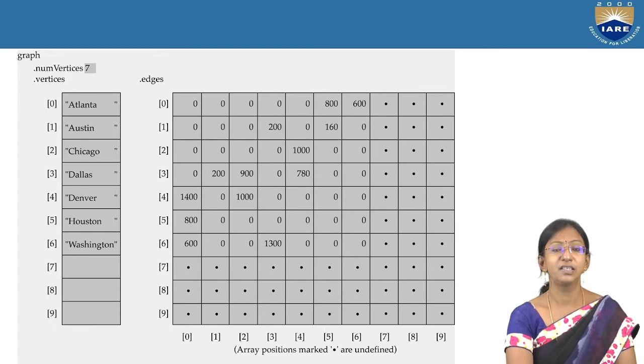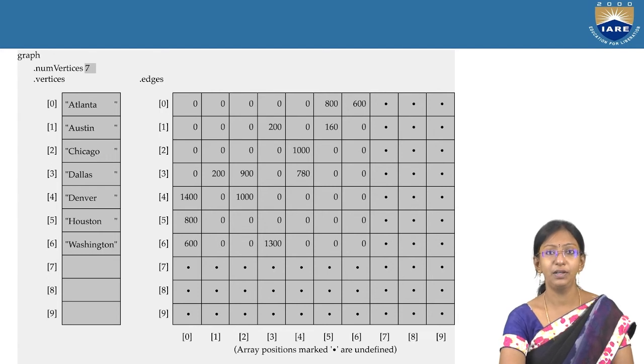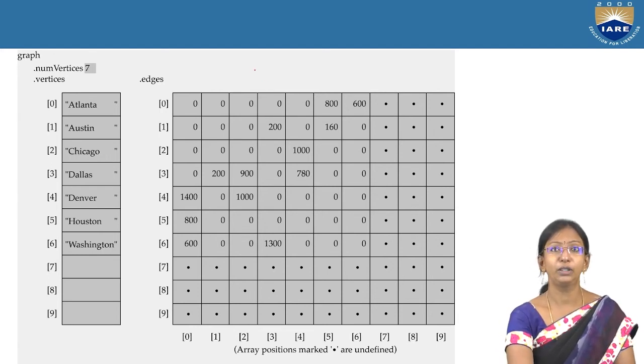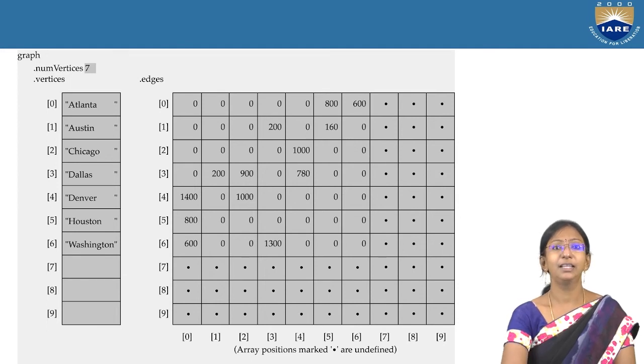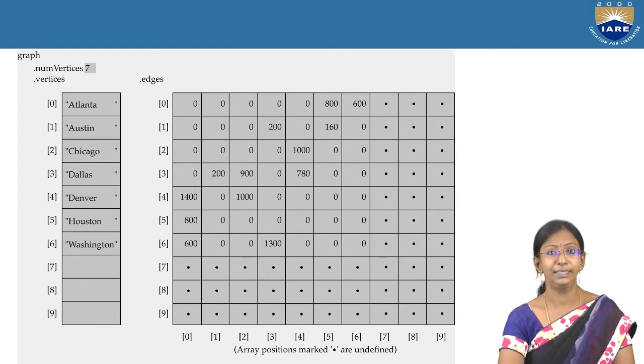So I have 7 nodes. So I am going to use a 7 by 7 matrix. That is, I'm going to use only 49 cells. But as a precautionary method, I have taken a single dimensional array of 10 cells. If it is of 10 cells, then my matrix will be of 10 by 10, 100 cells.